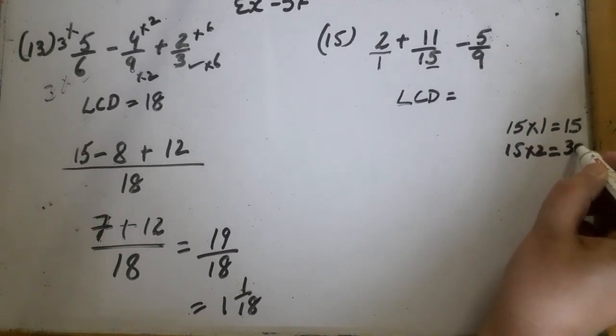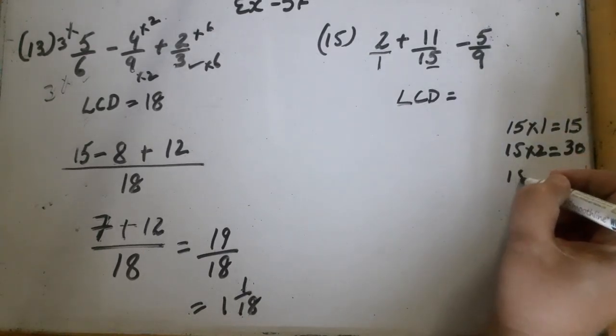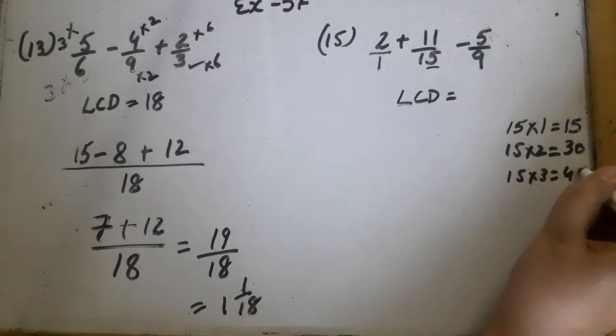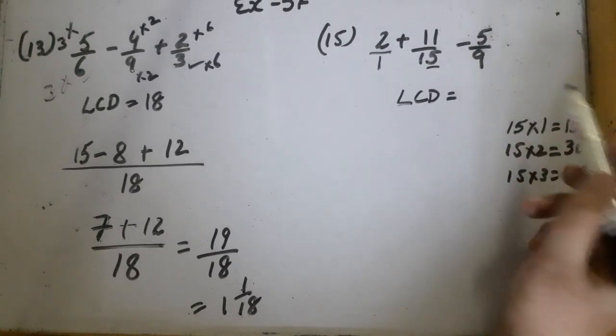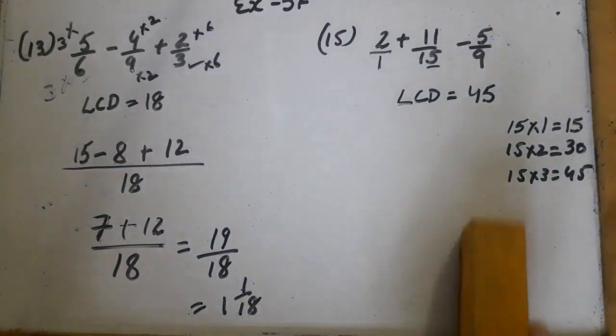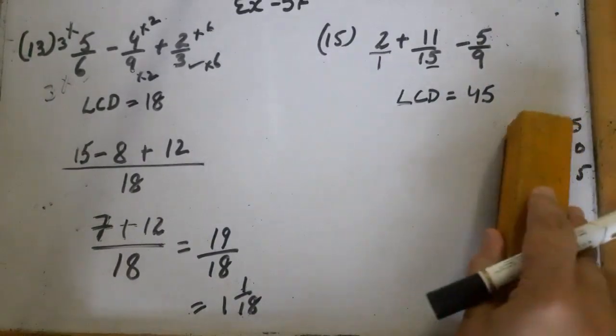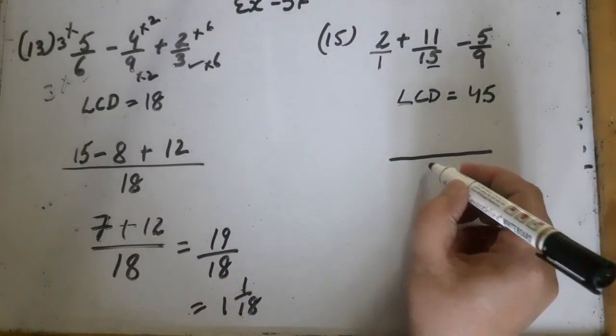15 2s are 30. Do you get 30 on the table of 9? No. So come to the next. 15 3s are 45. So do you get 45 on the table of 9? Yes. So 45 will be my least common denominator for all these three. So now I'll convert all the denominators into 45.